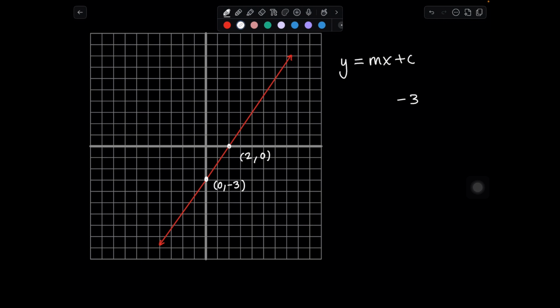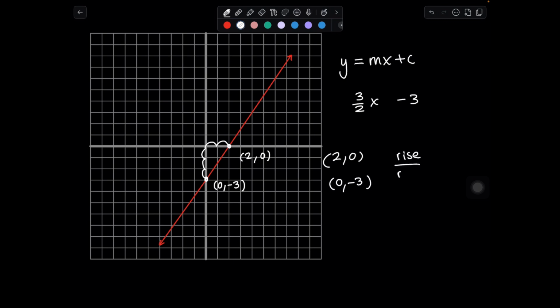So again, we can do our counting method where you just count how much it rises by and how much it goes across by. So it goes up by 3 and across by 2. So our gradient here is 3 over 2. So you can see how it's not a nice whole number, but you can still get a fraction, and that's completely fine. No need to stress. And we can do our method from before as well, which is you just write the two coordinates, and then you just do the rise over run separately.